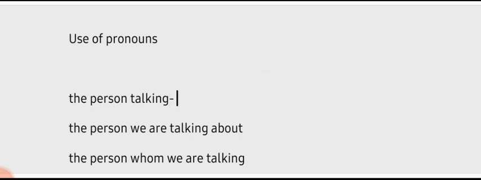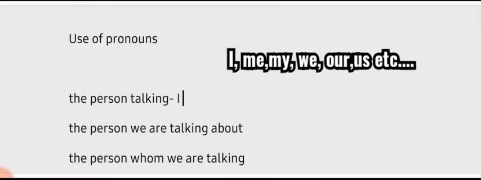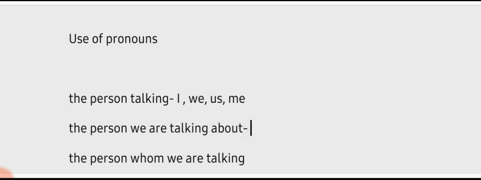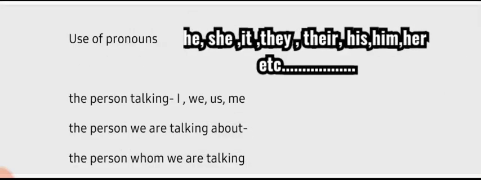So we use a pronoun when we want to say the person is talking. Suppose I am talking. So whenever I say something, I use I or we or us or me in this way, right? If we are talking about a third person, we say he, she, it, they.